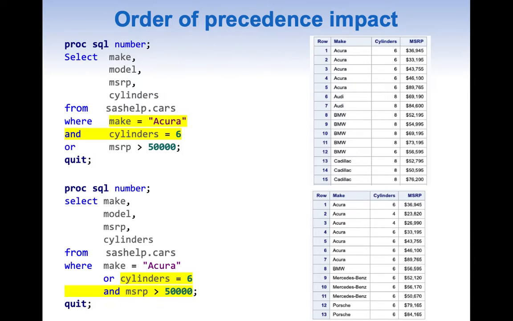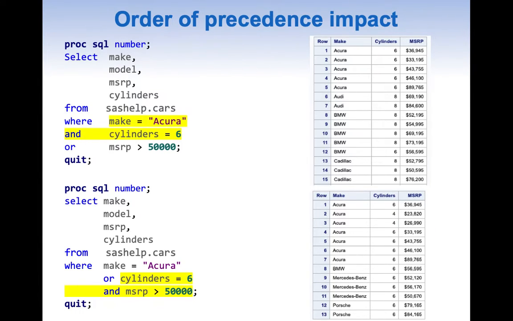Now let us look into the two queries where we describe the impact of order of precedence. Here we have our two queries. In the WHERE clause, we are trying to use AND and OR. I have highlighted both these queries in yellow to show that that is the part which will be executed first.